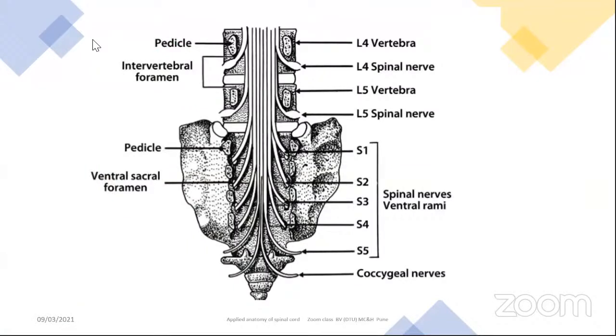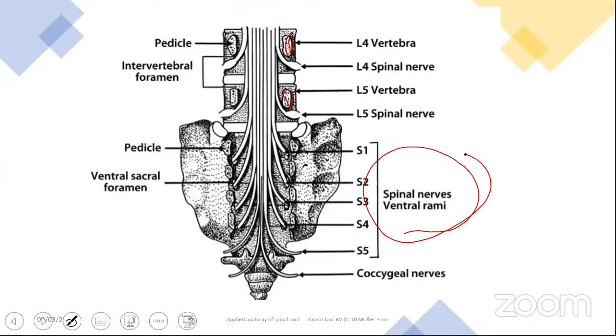And you see, this is the pedicle of the vertebral body in the coronal plane. And you can see the L4 exiting below L4. This is the L5 vertebral pedicle, L5 exiting below, then S1, S2, S3, S4, S5, and the coccygeal. So the pedicles, the ventral sacral foramina, you can see the spinal nerves, ventral rami.